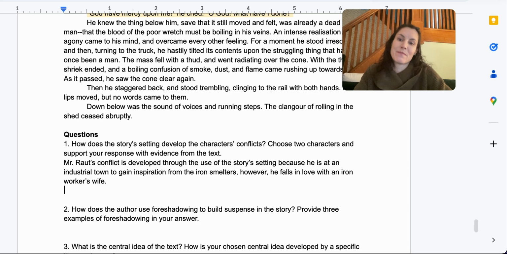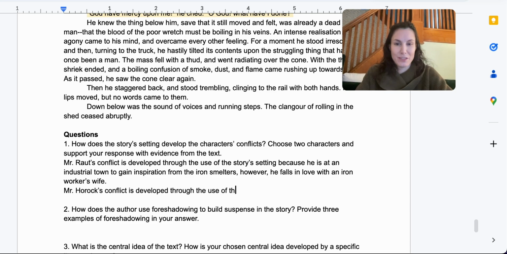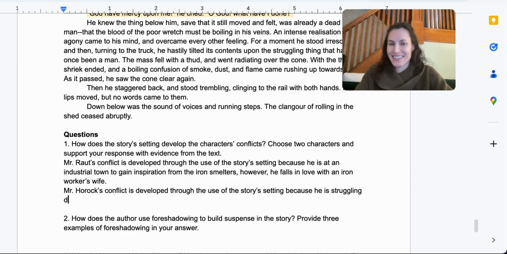So you could say Mr. Horrocks' conflict is developed through the use of the story's setting because he is, we could say, struggling to decide if he should murder the man his wife is having an affair with.